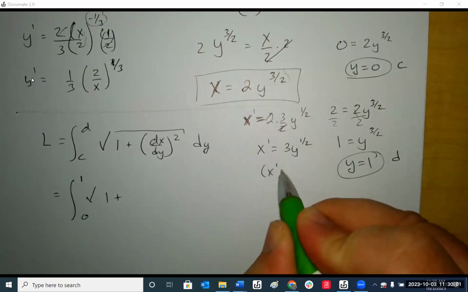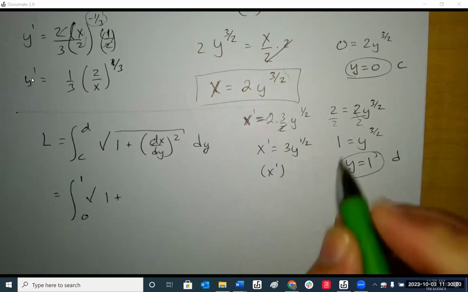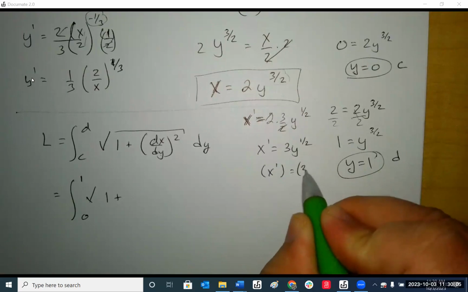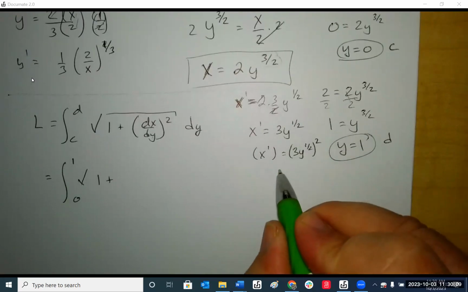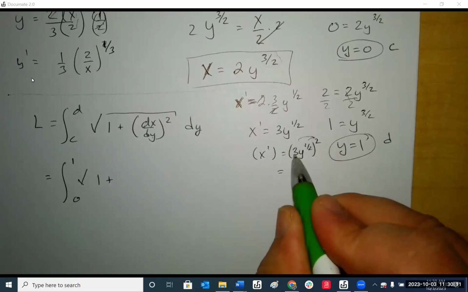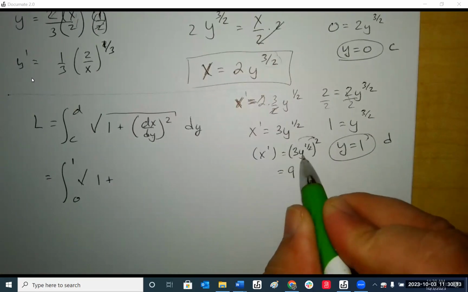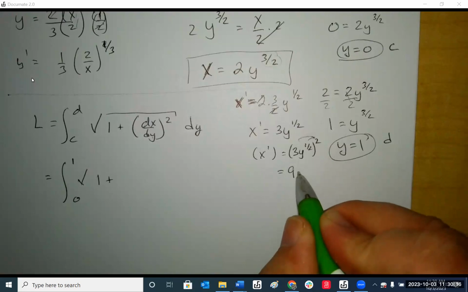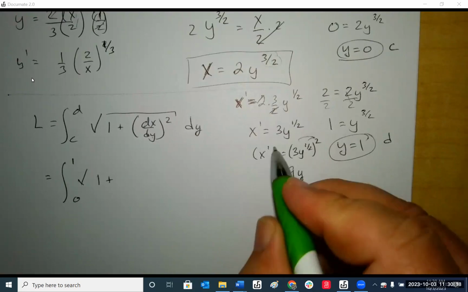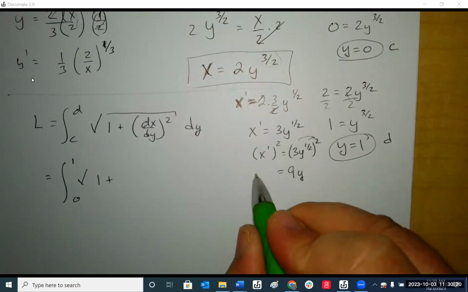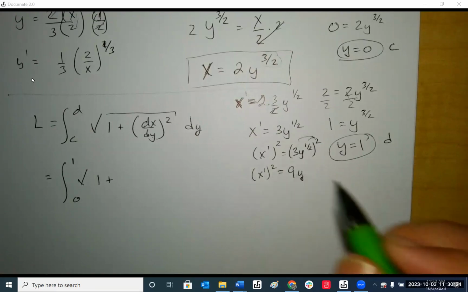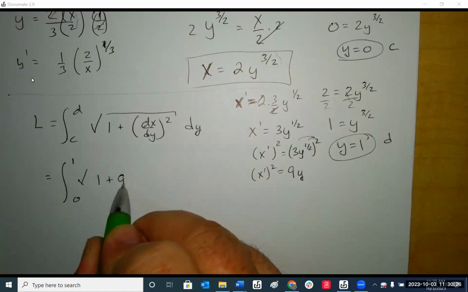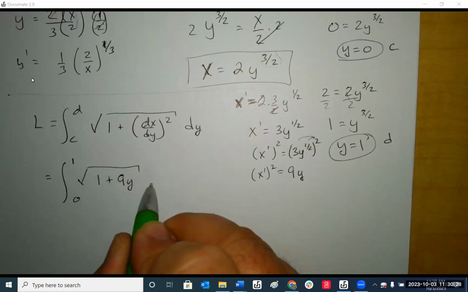When we square it, three squared is 9. y to the power 1/2 squared is simply y. So this is just 9y.